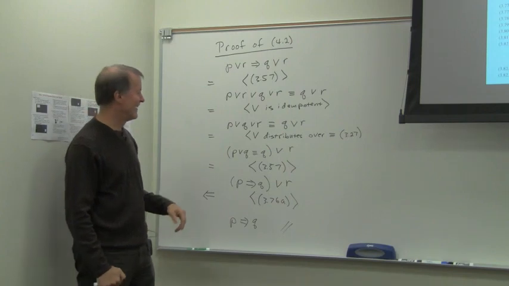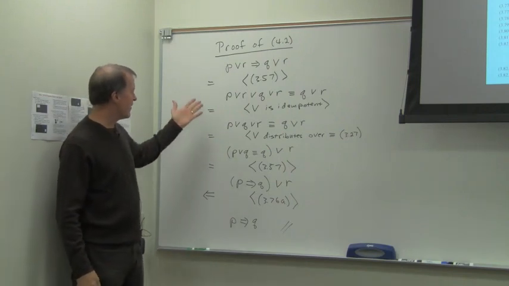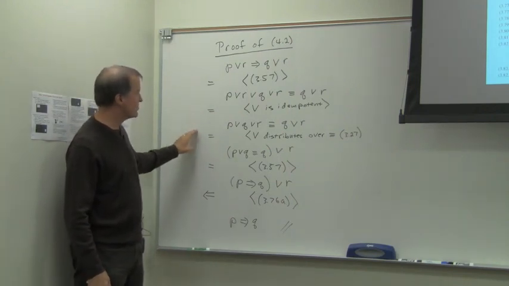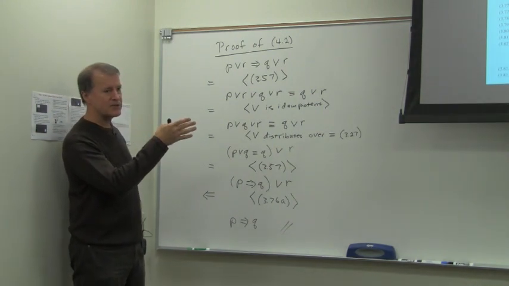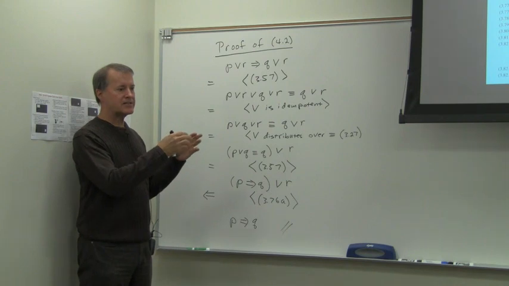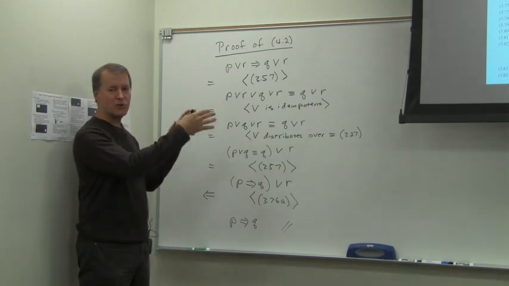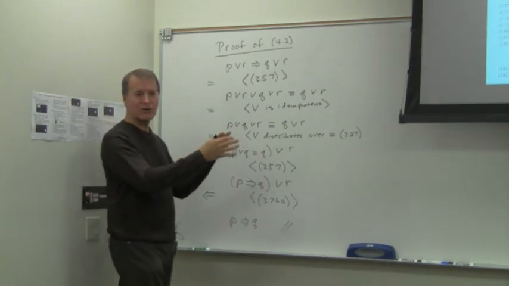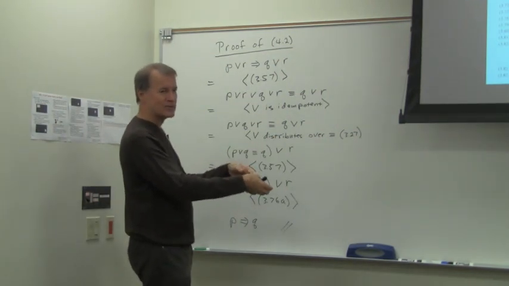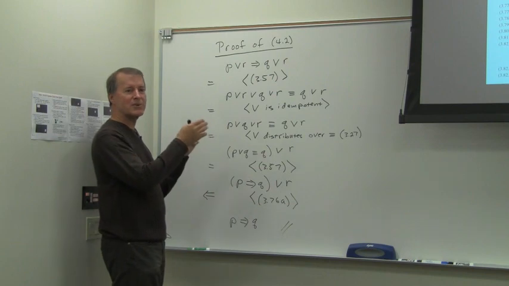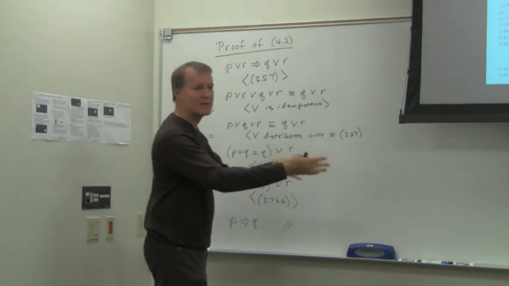Now that we have this technique, before, anytime we wanted to prove an implication, we had to do the whole thing. Now we can do it by starting with one side and getting it to the other. We can start with the consequent and get it to follow from the antecedent, or start with the antecedent and get it to imply the consequent.